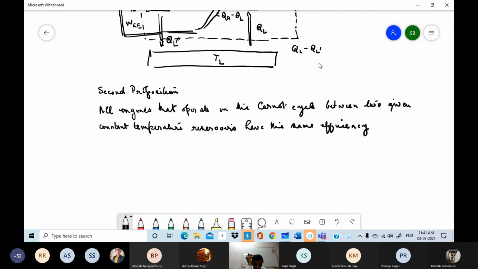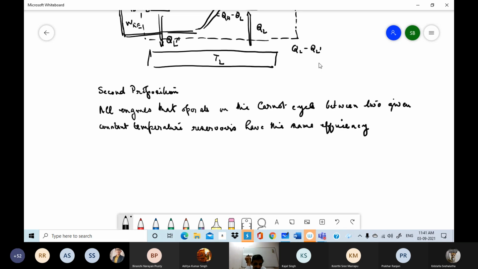So then, if we start with certain reference reservoirs, say one at ice point, one at steam point, then once we know that temperature, we can use the second law.